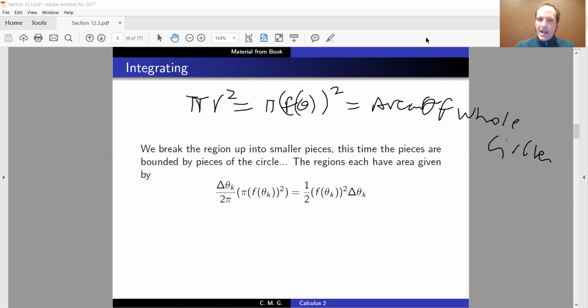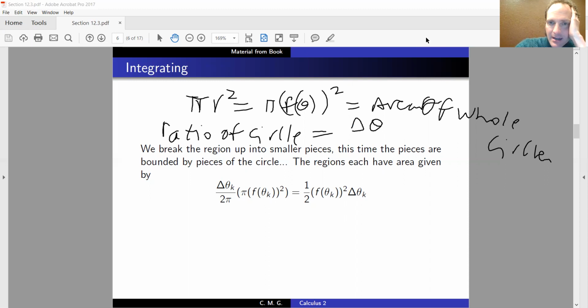And then I'm going to say, okay, so how much of the circle? So what ratio of the circle am I taking? Well, I've got this delta theta. That's the angle that I'm looking at. And that delta theta is how much of the whole region. Well, the whole region has an angle of 0 to 2 pi.